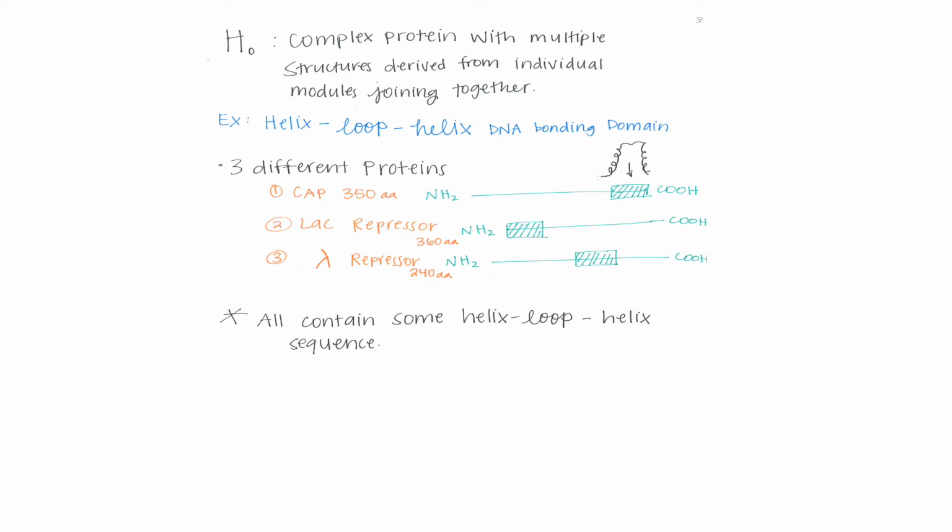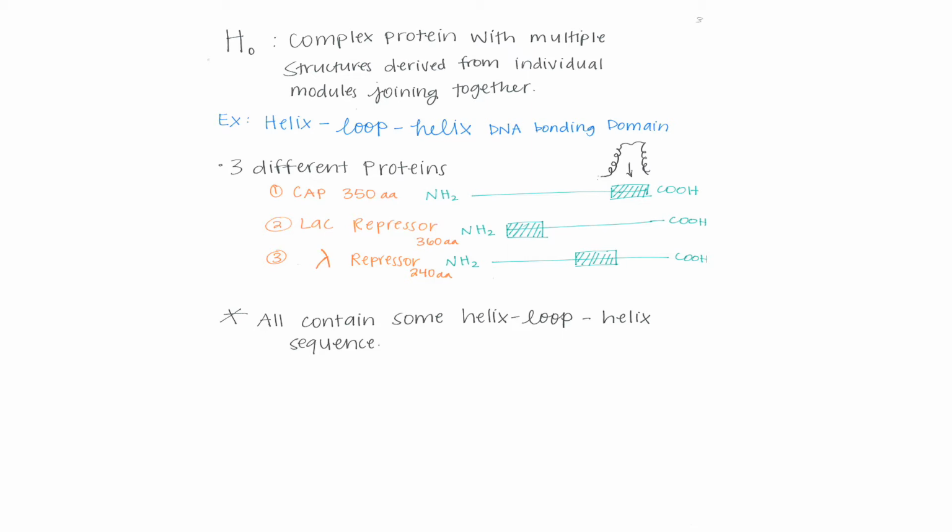Now I have the illustration of the linear protein in green, the amino terminus and carboxy terminus, and the helix-loop-helix DNA binding domain is represented by the rectangular hatched box on each protein. Now the finding is that if you look at these 3 different proteins, their amino acid sequences are completely different.